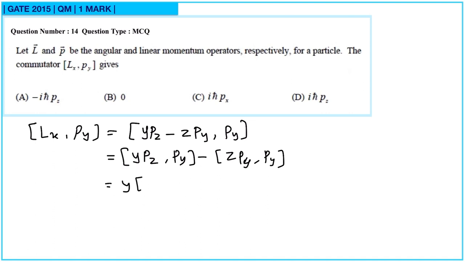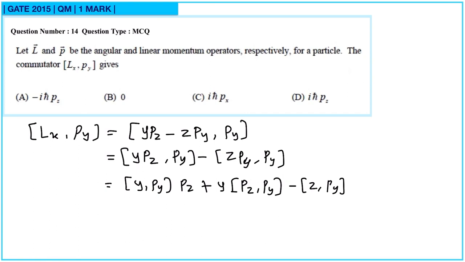This will be equal to y py. This we can separate. So this will be y py, then we have pz, plus y pz py minus z py, py, and minus z will be outside first, then z py py.